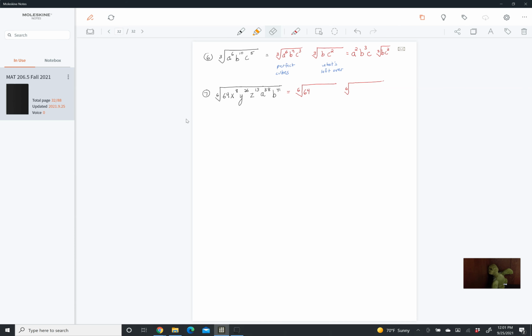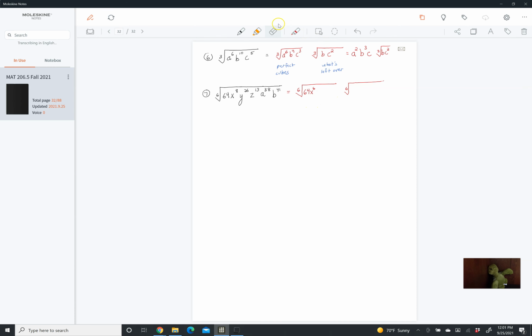Then we have x to the 8th. So we need a number that's divisible by 6. We start with 8. It is not divisible by 6. Go down by 1. 7. No. 6. So 6 is divisible by 6. So x to the 6th goes under here. And then we have to say, okay, well, what's left over? There are 2 x's left over.